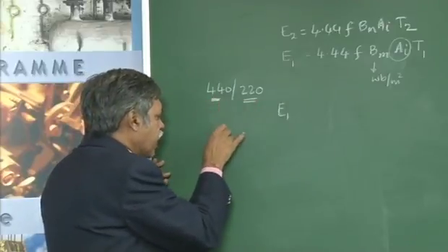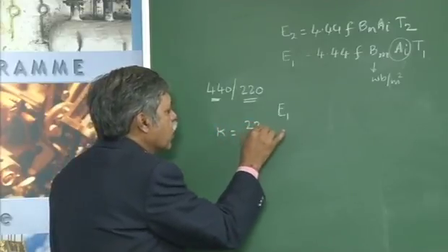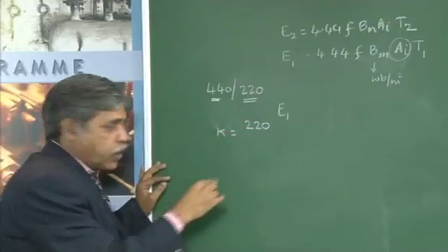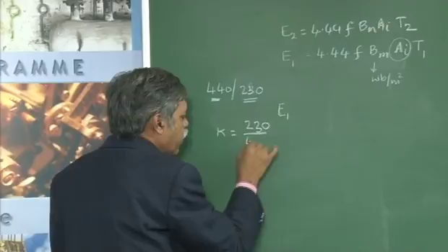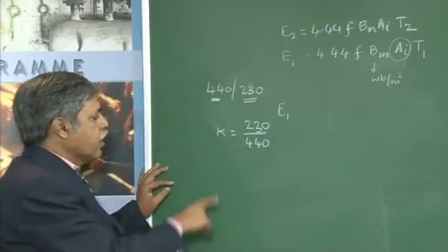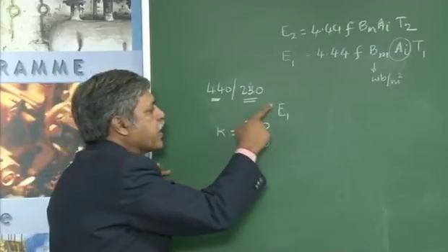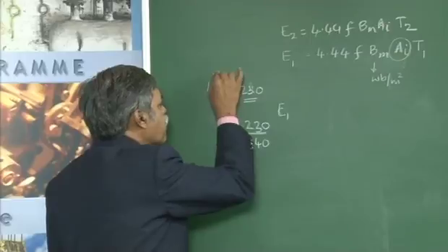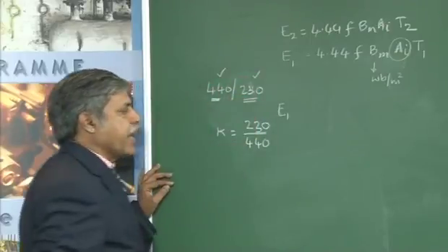If I calculate the voltage transformation ratio, I need to take 230 divided by 440. For a step down transformer, the transformation ratio K will be less than 1. Whenever the voltage ratings are given like this, the first voltage is for the primary and the second is for the secondary winding.